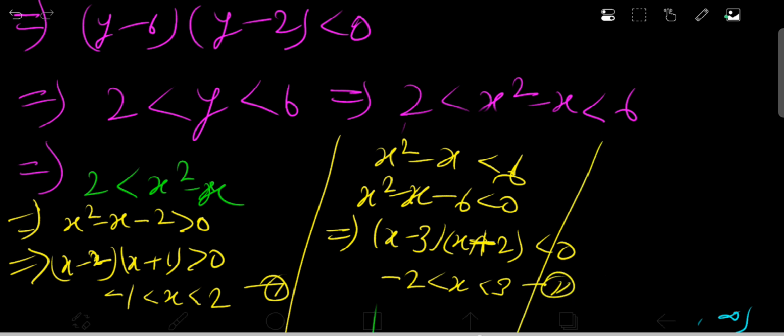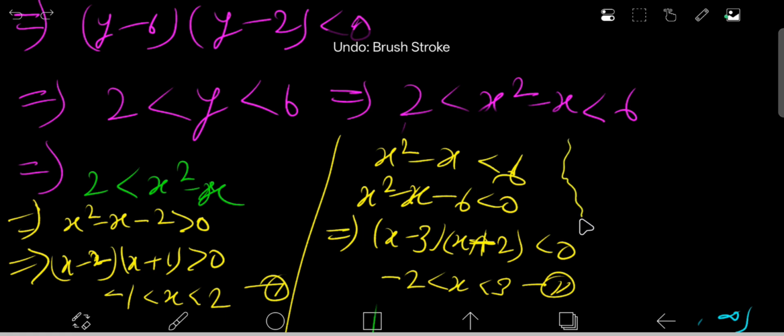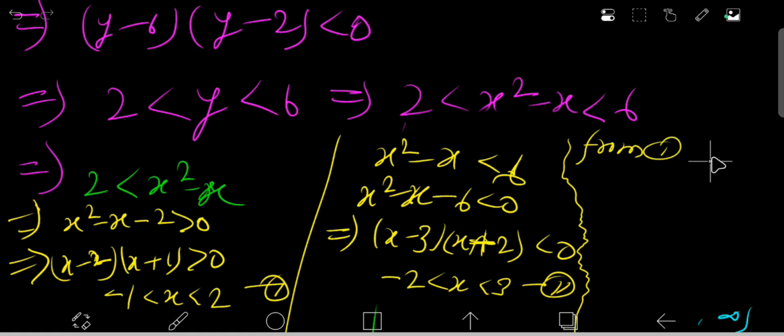From 1 and 2 we get the final solution as the common solution. Minus 2 is lesser, but here minus 1 is present. So x belongs to an open interval.